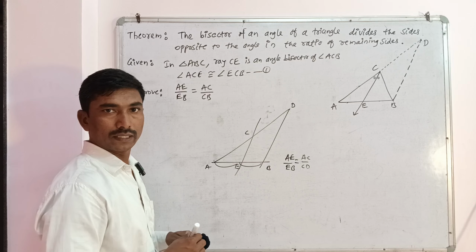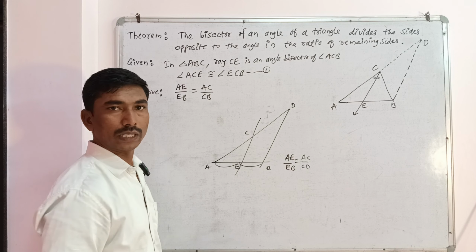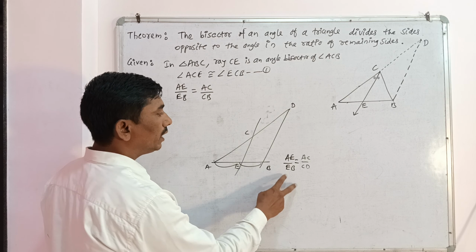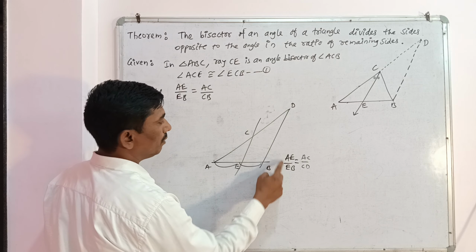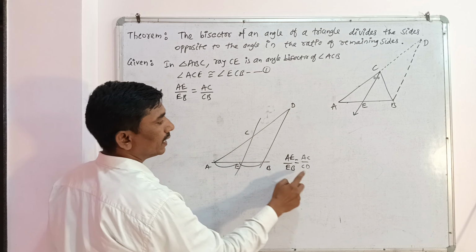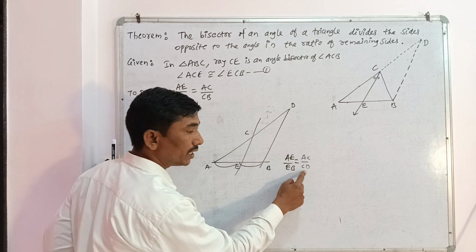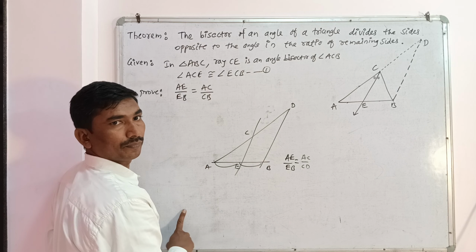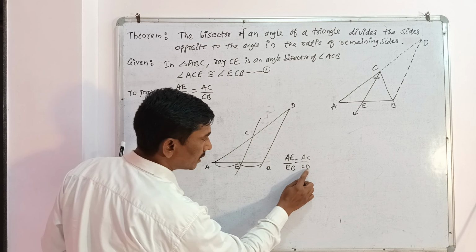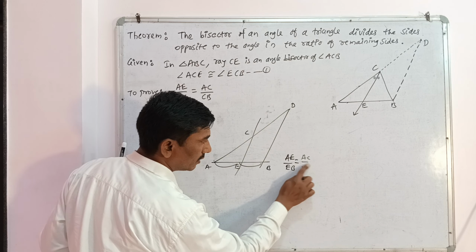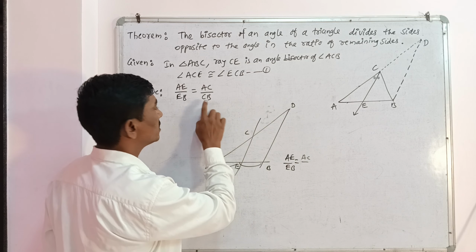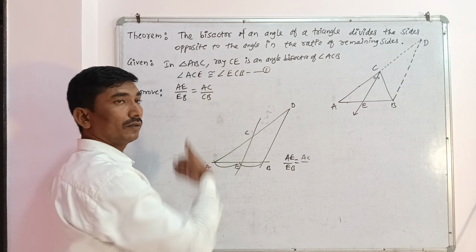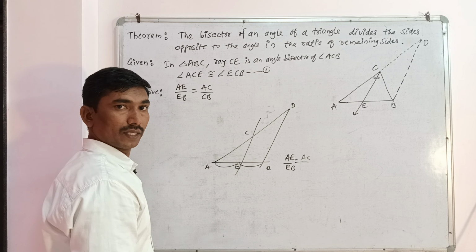But according to BPT, we need AE by EB equal to AC by CB. Instead of CD, we have to get CB. If we get CB instead of CD, then we have proved this theorem, isn't it?